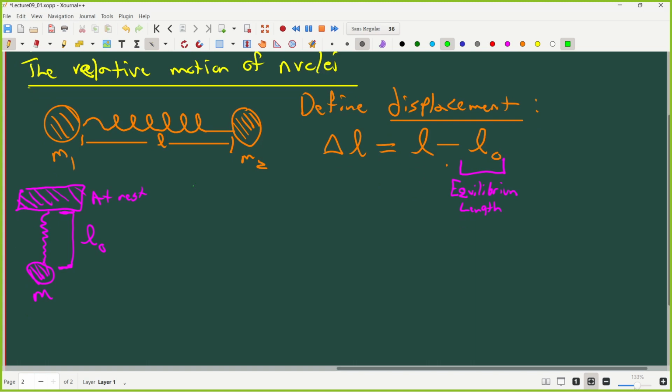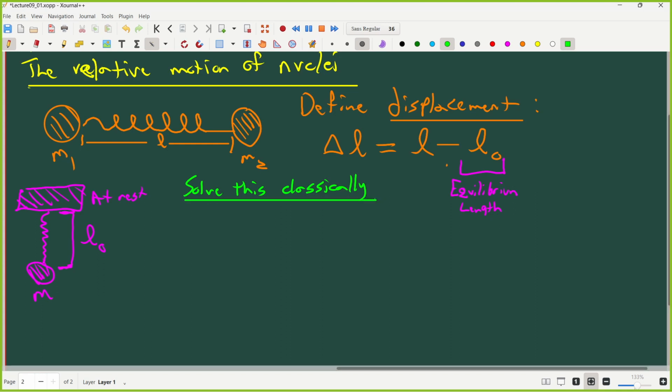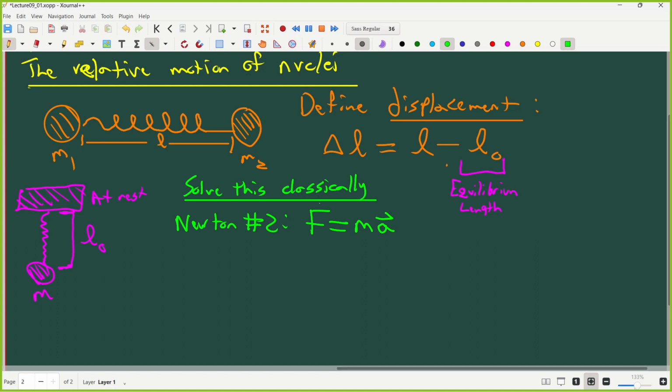When we solve things classically, we use Newton's second law, Newton number 2, which is F equals ma. Force and acceleration are vectors, but we won't have to worry about that eventually.